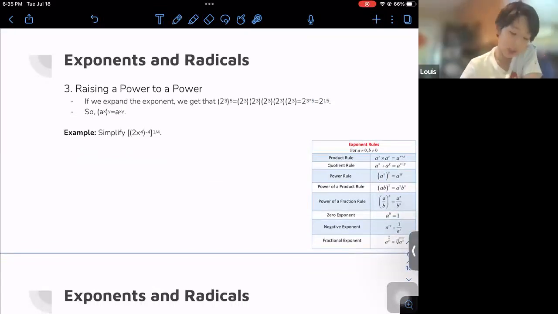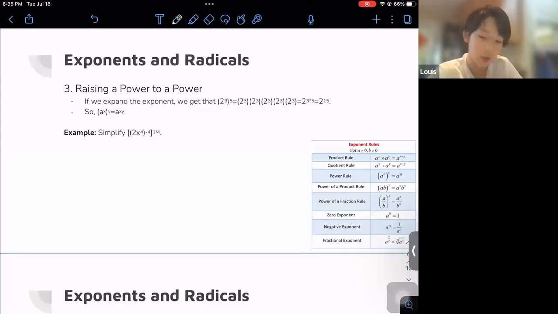So if we're expanding an exponent, 2 to the third power to the 5 will just equal 2 to the 3 multiplied 5 times, which is just 2 to the 3 times 5, which is 2 to the 15. And this is also general, because suppose the 2 is just an a, and we have a to the x to the y.